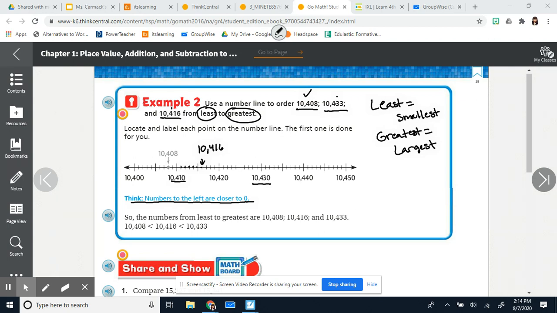So I just need to go 3 more. 10,431. 10,432. 10,433. Here we go. Okay, so now that we've done that, we can order the numbers from least to greatest as 10,408, 10,416, then 10,433.